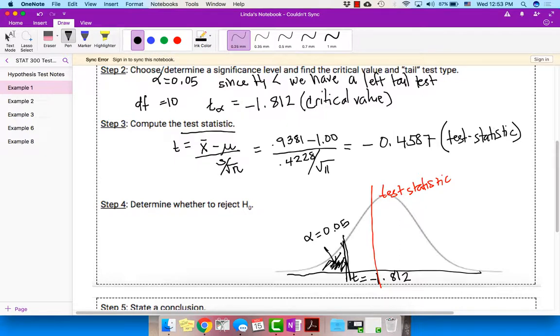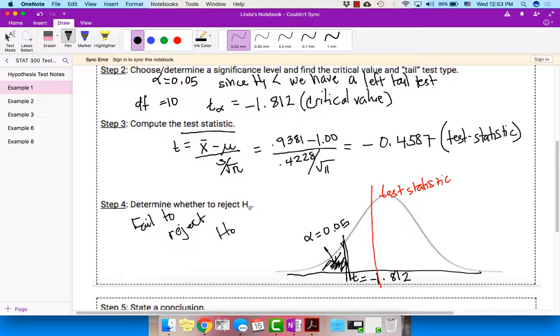If you look at the notes on page 2, it says that if you fall outside of the critical value region, we are going to say that we fail to reject the null hypothesis. So the conclusion here is that we fail to reject the null hypothesis.